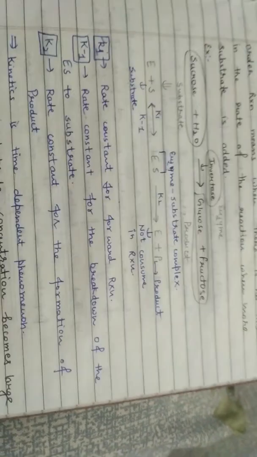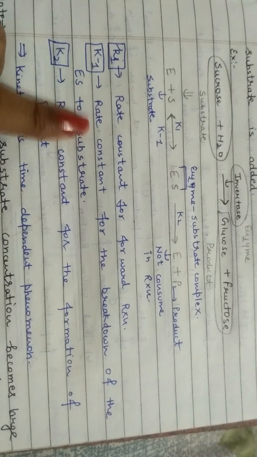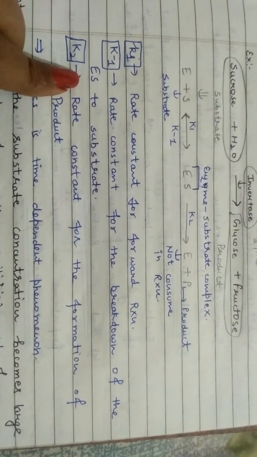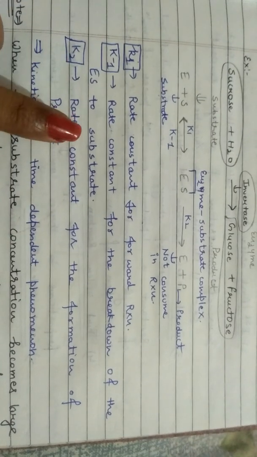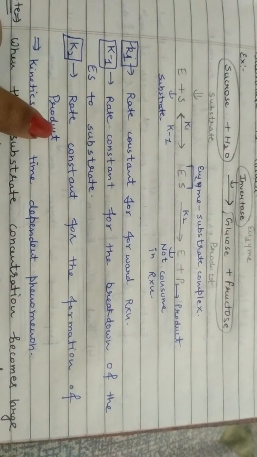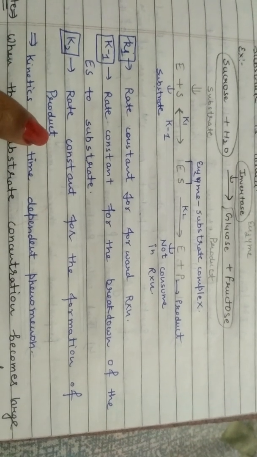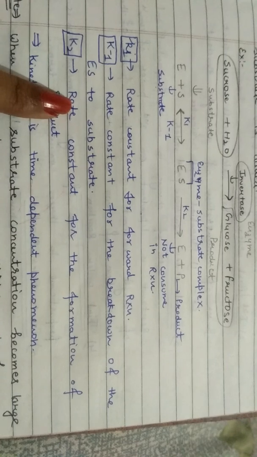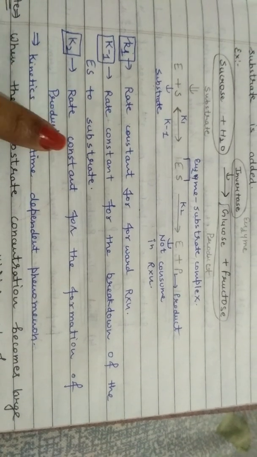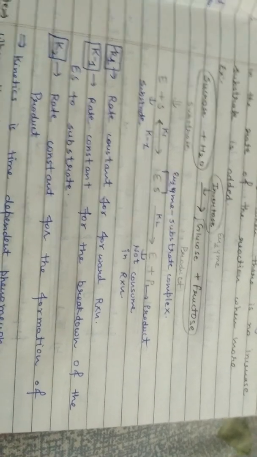So k1 is the rate constant for the forward reaction, k minus 1 is the rate constant for the breakdown of the enzyme substrate complex to substrate, and k2 is the rate constant for the formation of product. You can also assume that k minus 2 is the breakdown of product into enzyme substrate complex, the backward reaction from product to enzyme substrate complex.